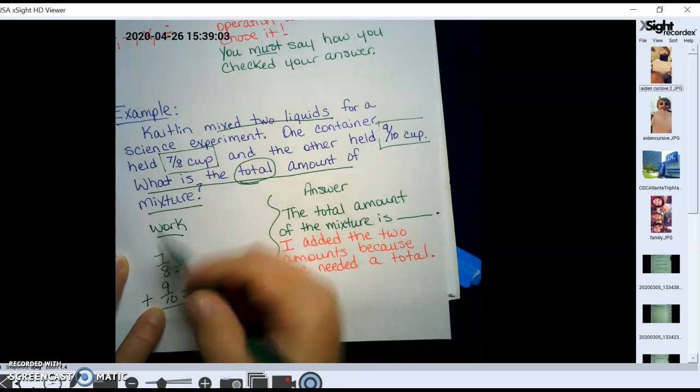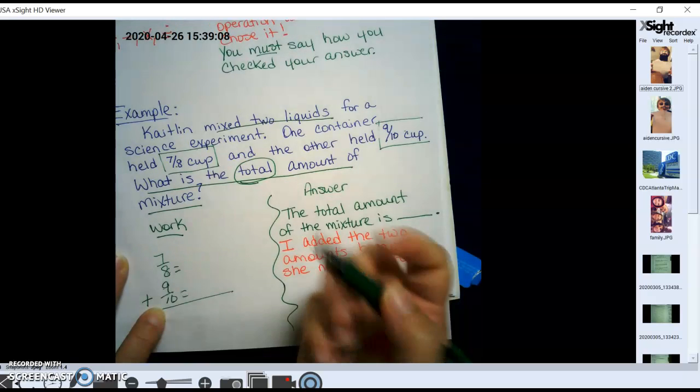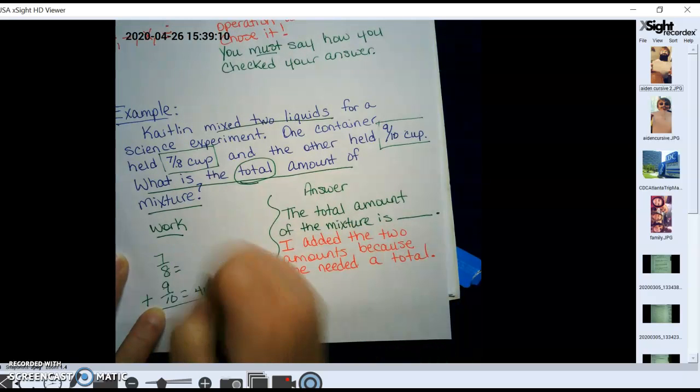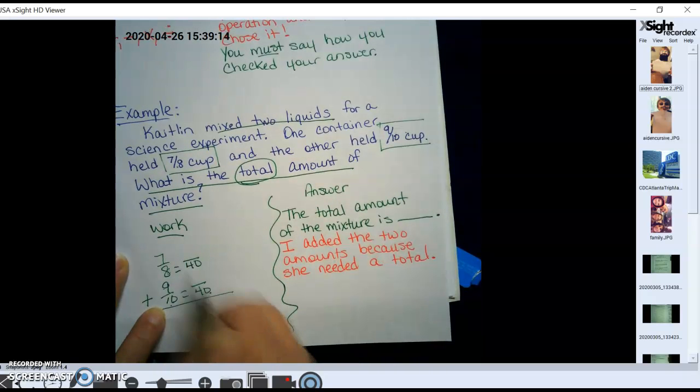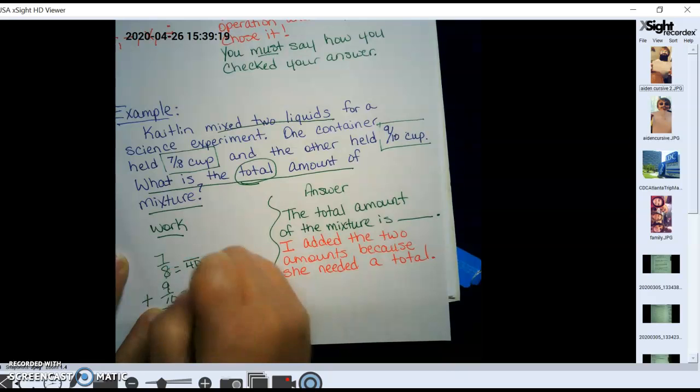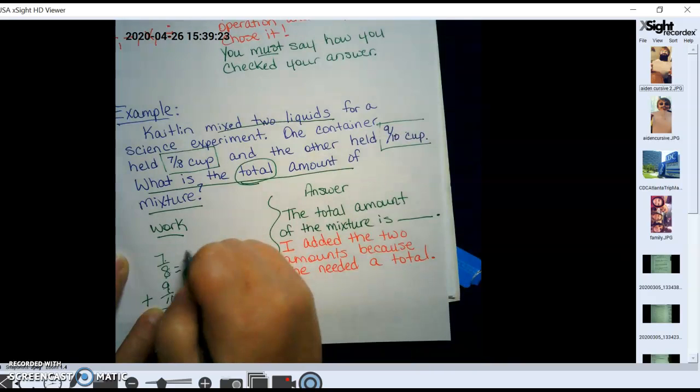Well, I know 80 would work, but I also know that 8 goes into 40. So I think that would be an easier way to start. Let's go with 40. 10 goes into 40 4 times, so 9 times 4 is 36. 8 goes into 40 5 times, and 5 times 7 is 35.